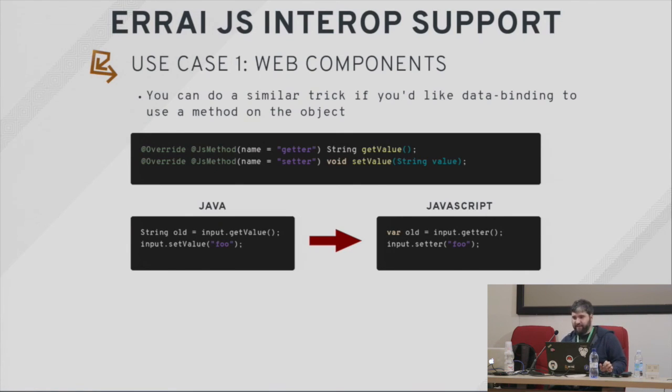You can use the JS method annotation, as I believe Daniel showed yesterday, to rename what those methods are compiled to. So in this case, Errai would generate code once again that uses getValue and setValue, but that would be translated to invoking these methods, getter and setter.